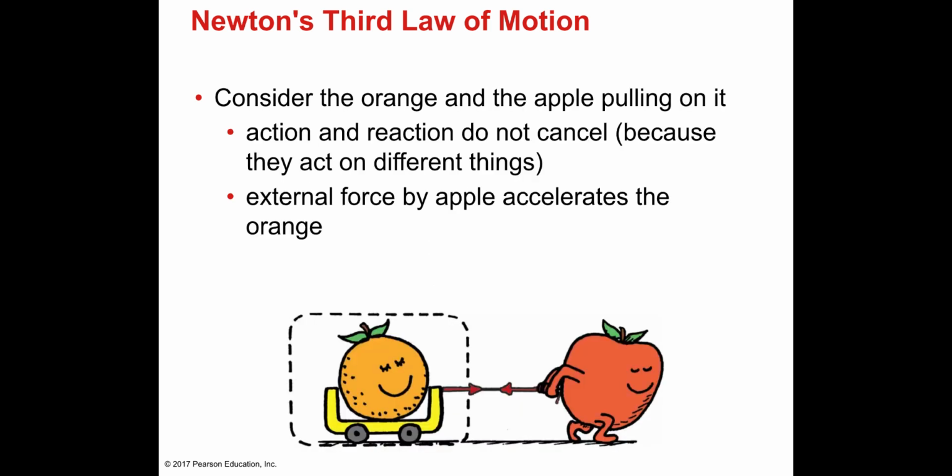Consider the orange and the apple pulling on it. Action and reaction do not cancel because they act on different things. As you can see, they're acting on different things. The external force by the apple accelerates the orange.